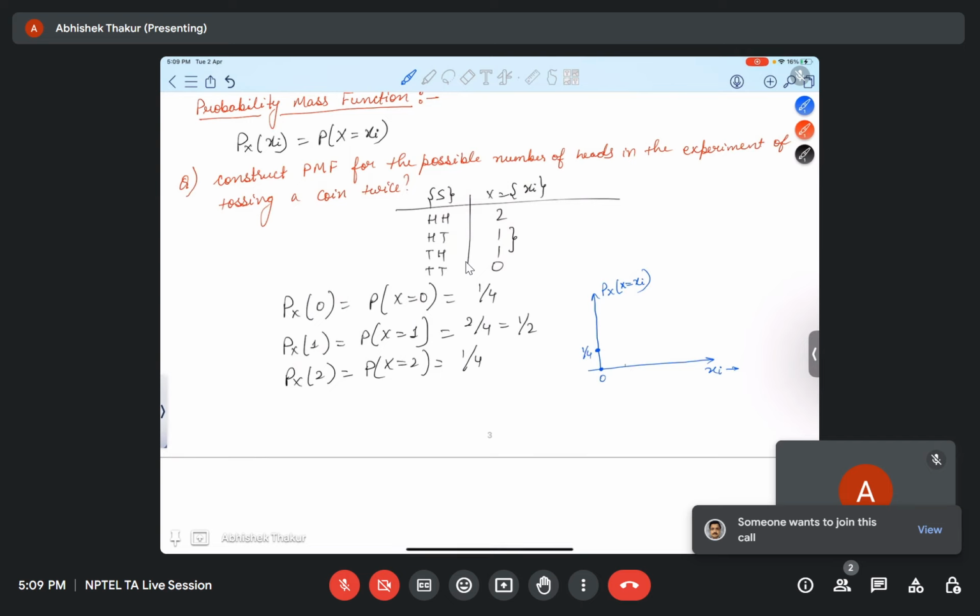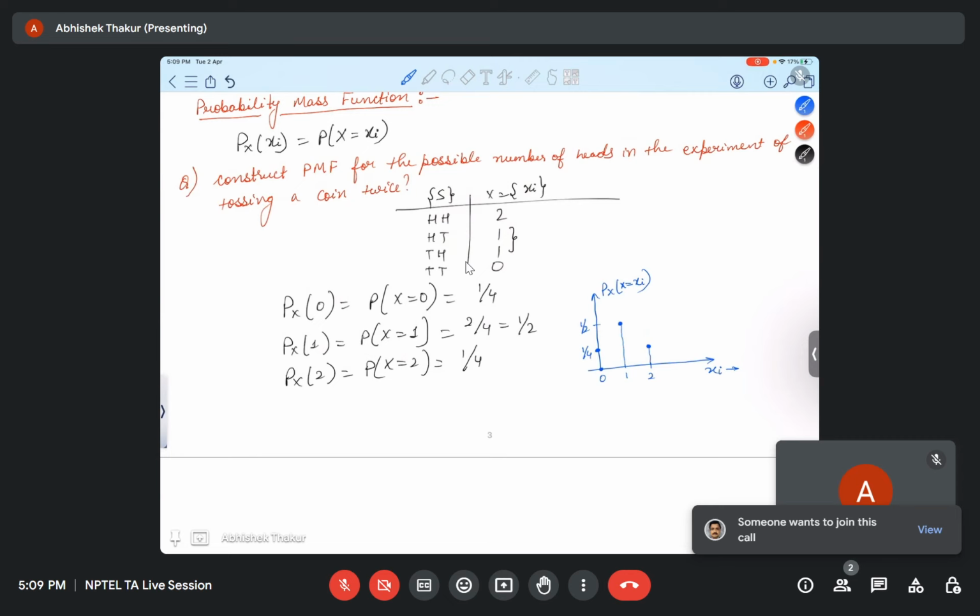For X is equal to 1, what is the value? 1 by 2. And for X is equal to 2, sorry, the value is 1 by 4 only. So now this is the probability mass function.